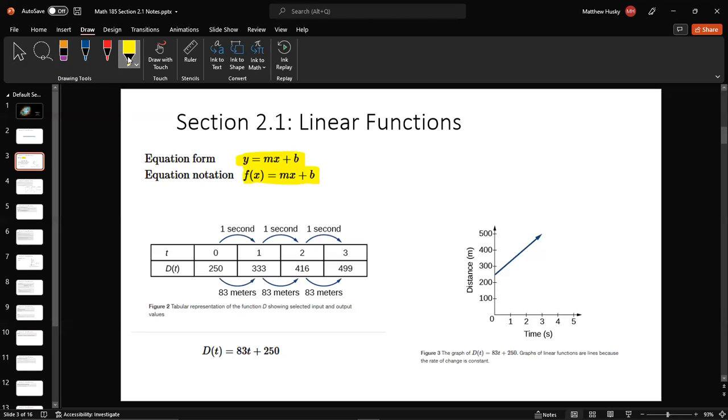And so here we've got an example, like the distance traveled: you could start at, say, 250 meters, and then each second you're going an additional 83 meters. So the b value is basically the y-intercept on the graph, and it's your starting value.